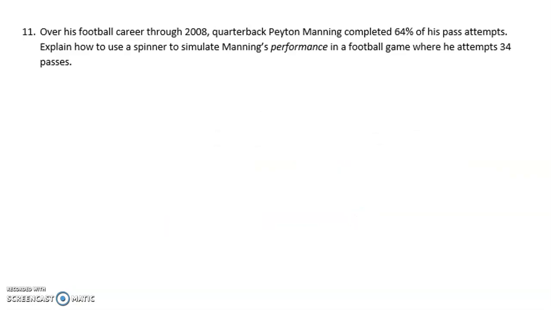Over his football career through 2008, quarterback Peyton Manning completed 64% of his pass attempts. Explain how to use a spinner to simulate Manning's performance in a football game where he attempts 34 passes.